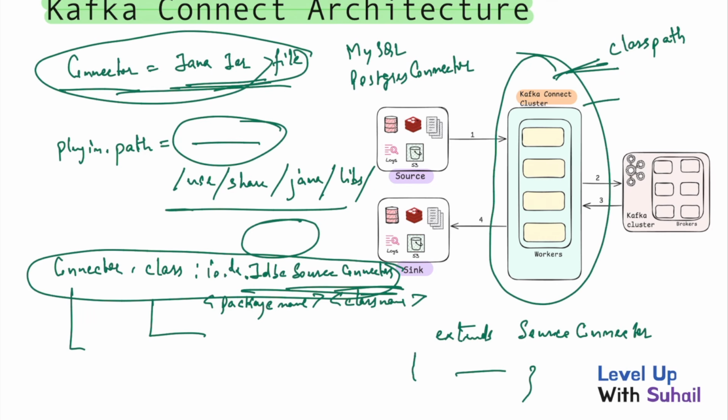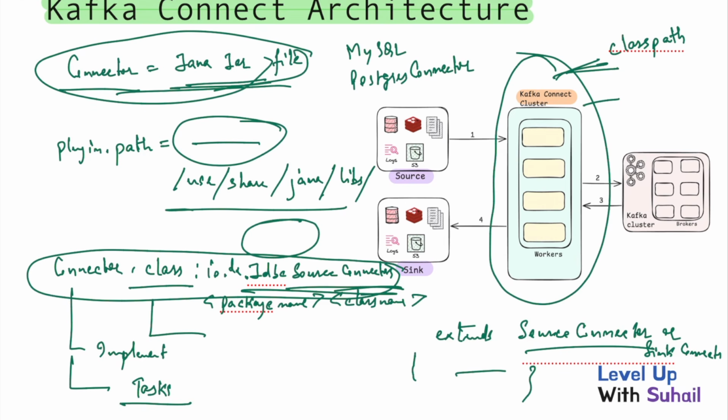Every connector has to implement the Kafka Connect APIs. It has to extend SourceConnector or SinkConnector, and then this class has to create a task as well. And tasks are something which would be executed by the workers.